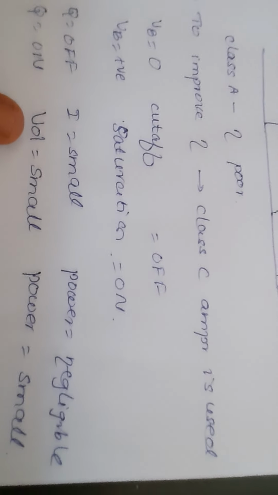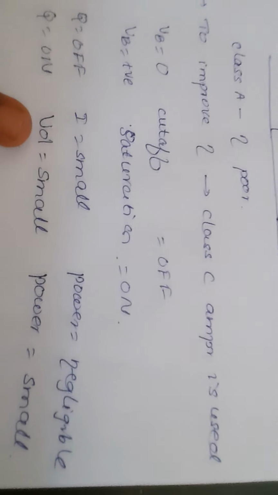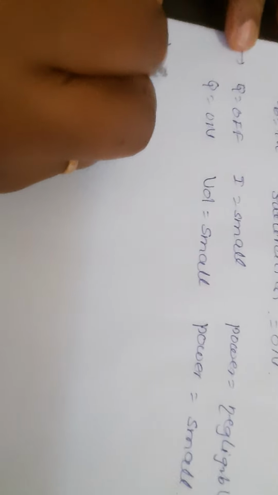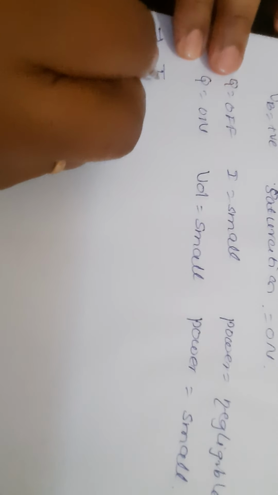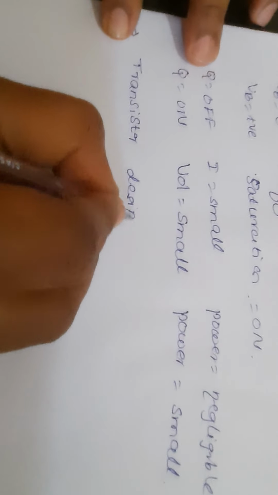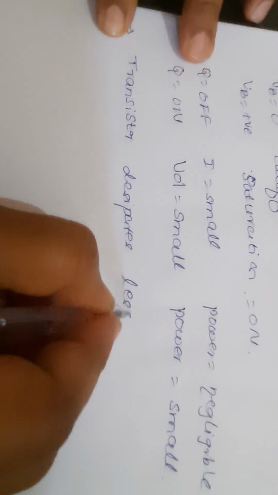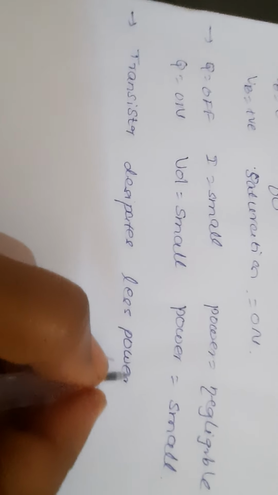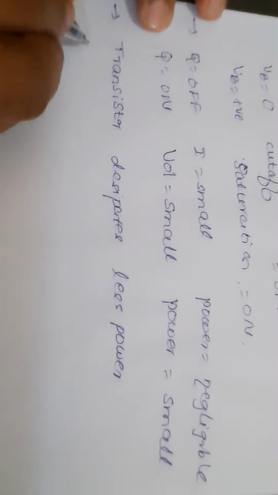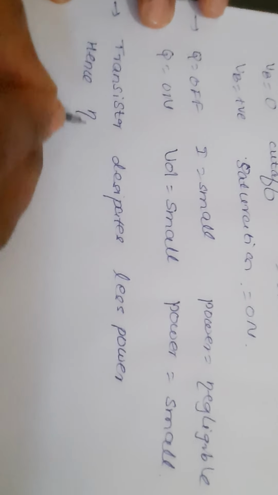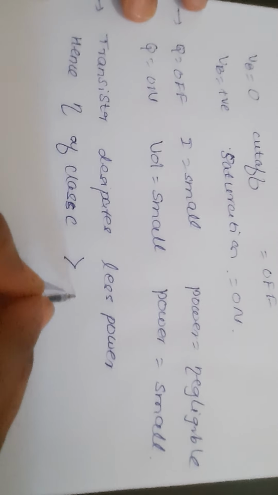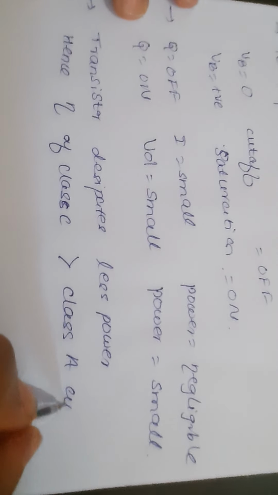Therefore, as the transistor dissipates less power in both conditions, when it is on and when it is off, the efficiency of Class C is higher than the Class A amplifier.